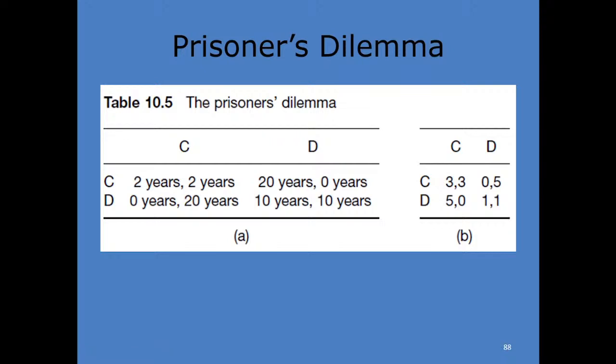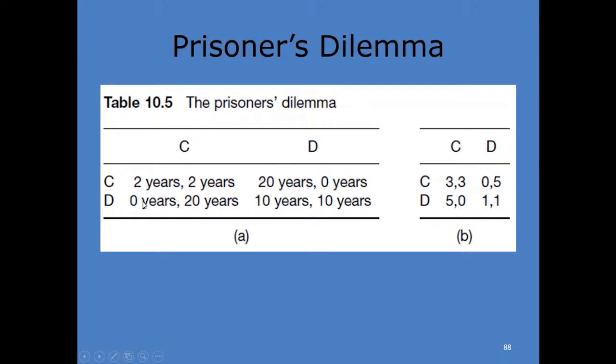So these two, CD and DC, actually never materialize, but the temptation to defect, right? Because put yourself again in the position of player one. You're contemplating as player one whether to cooperate or defect.